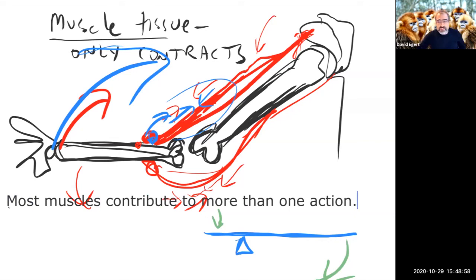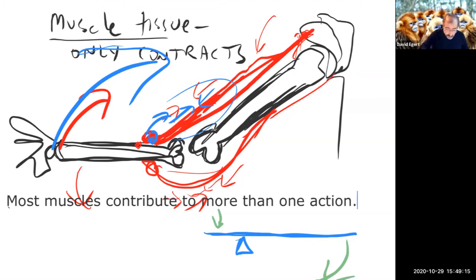Again, your biceps brachii muscle, which you usually think of as flexing your elbow, does flex your elbow, but it also flexes your shoulder and supinates your hand. So that's important to realize.